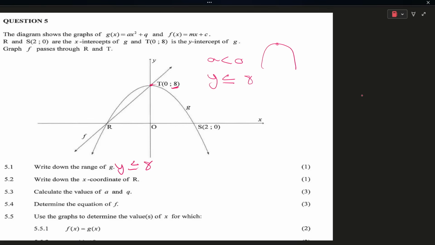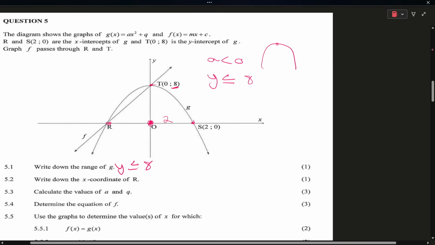And then write down the x coordinate of R. Since here is the midpoint at 0, the distance from here to this point is the same as the distance from here to this point. Do you get what I'm saying, class? Starting from 0 to 2, what is the distance? It's going to be 2.